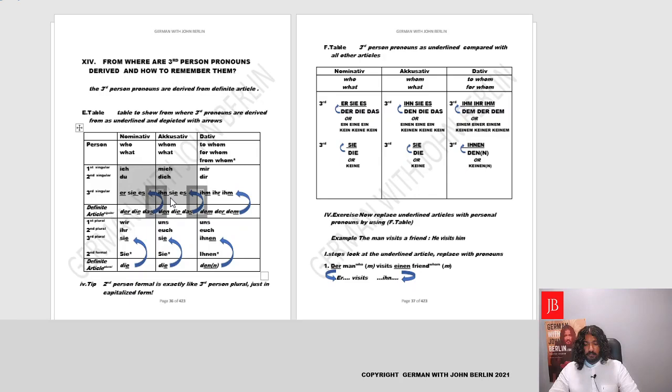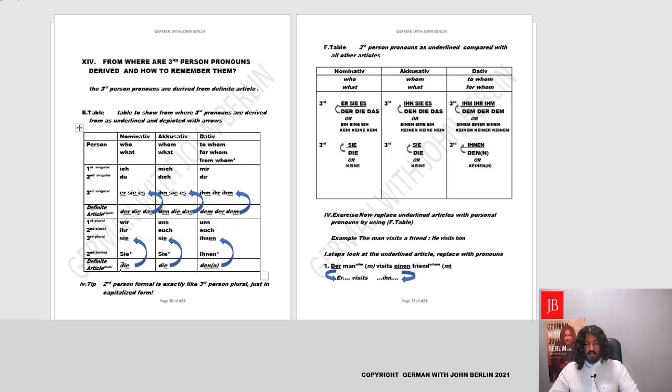So as I mentioned, they're derived from the definite article. Der becomes er, die becomes sie, das becomes es, den becomes ihn, die becomes sie, and das becomes es, dem becomes ihm, der becomes ihr, dem becomes ihm.